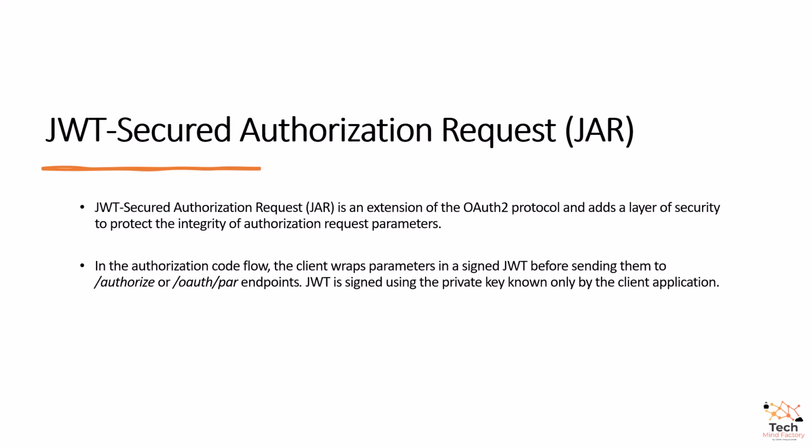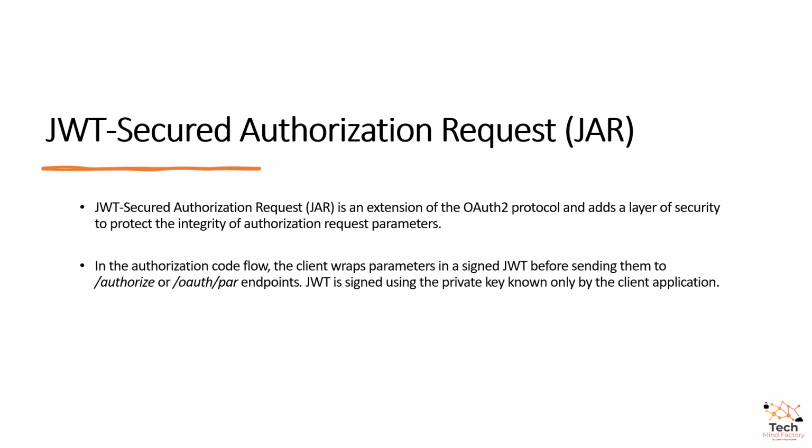So that's very important. The application, before contacting the authorize or OAuth PAR endpoint, is actually creating this JWT, which is signed with the private key that only the application knows, and then this JWT is sent to the authorize or PAR endpoints.